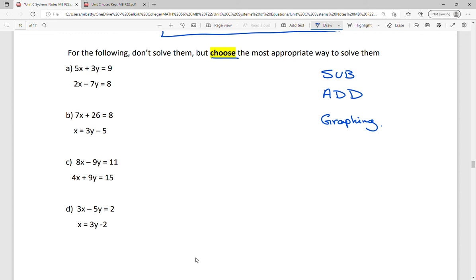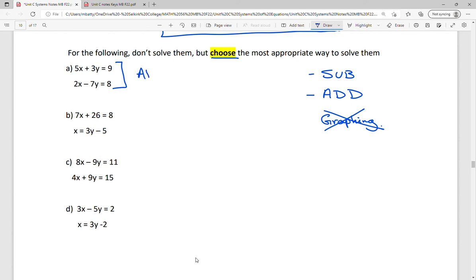And it's great when things aren't really big numbers, but sometimes it's impractical. And so if you had on these ones to choose between the substitution method and the addition method, which would you choose for these and why? So if I had to choose on these, if I were to take and isolate either equation solving for one variable, I am going to be in such an ugly fraction land. It's going to be awful.